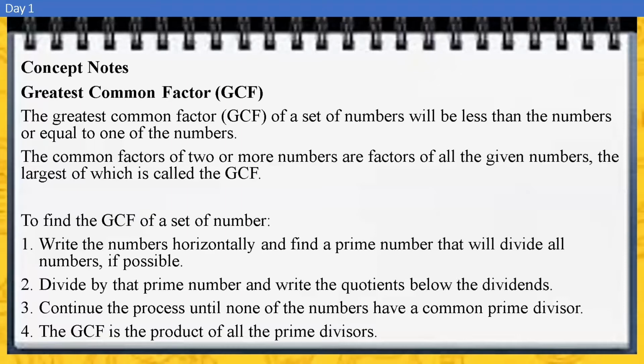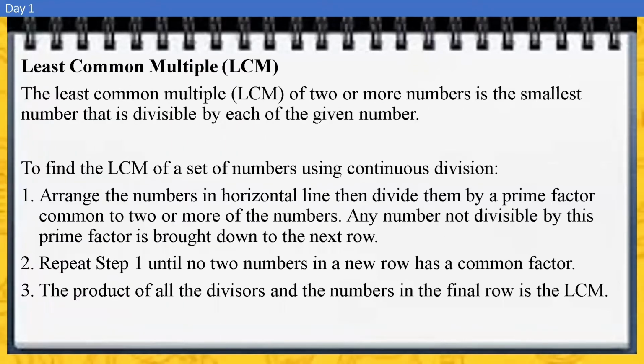But first, let's have the least common multiple. Pag sinabi natin least common multiple, or the LCM, it is the smallest number that is divisible by each of the given numbers. To find the LCM naman, ganun lang din siya katulad ng GCF. We arrange the numbers horizontally in a line.